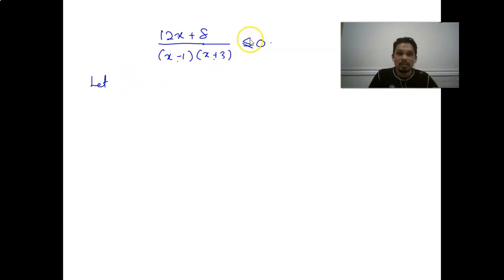Class, in the first example, the whole rational was greater than 0 only. In the second example, you come up with less than only. Now, be careful, it has less than or equal.